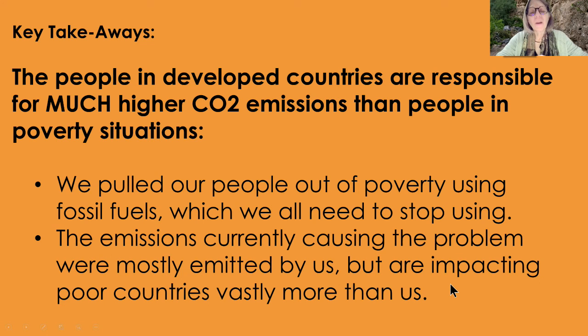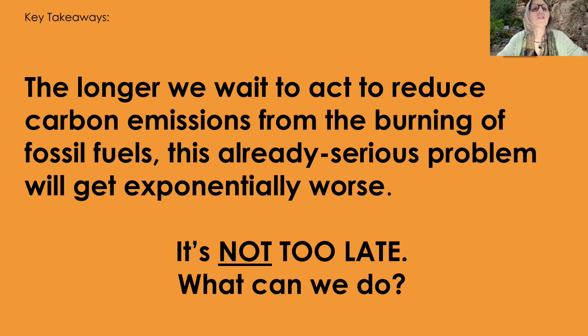But they are making places on Earth uninhabitable. And those places are generally places where people are kind of poor anyway. So they're impacting poor countries vastly more than they're impacting us. The longer we wait to act to reduce carbon emissions from the burning of fossil fuels, this already serious problem will get exponentially worse. It's not too late.